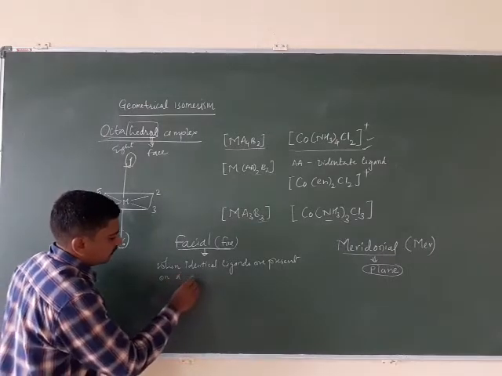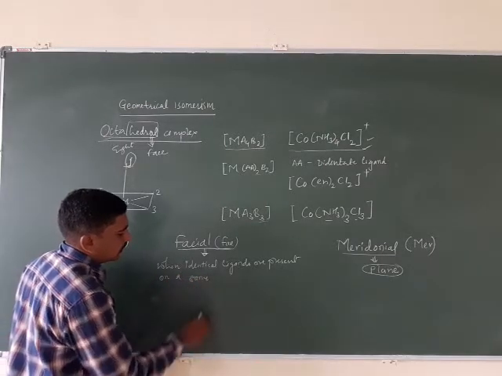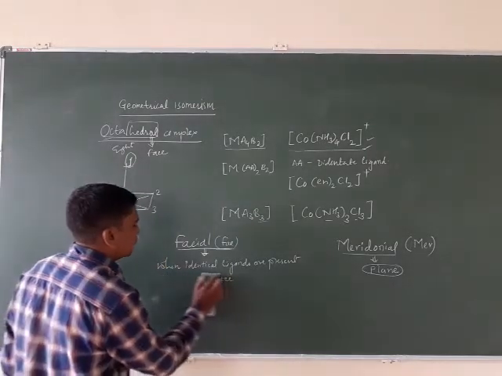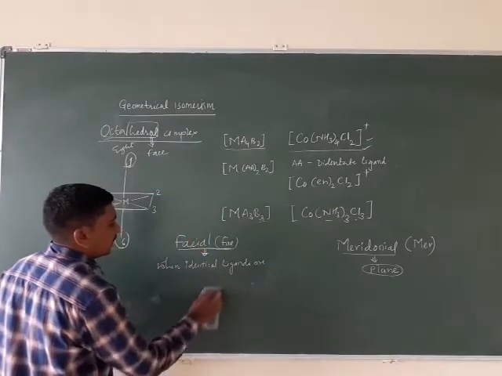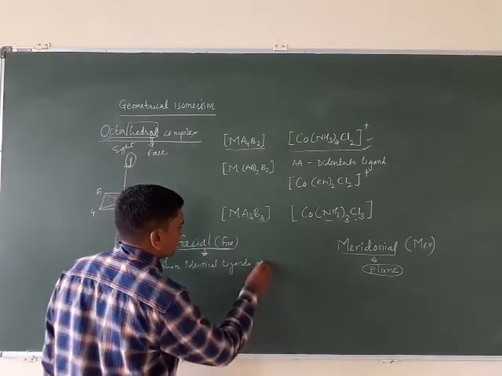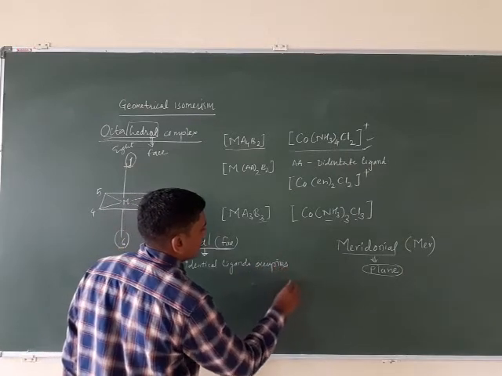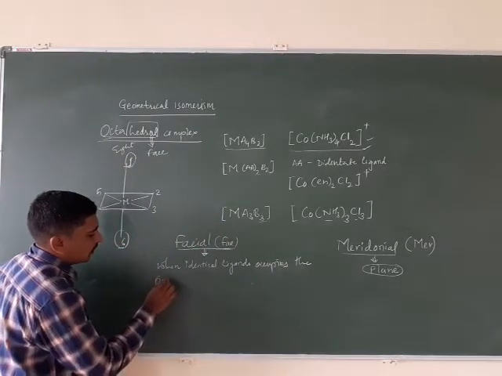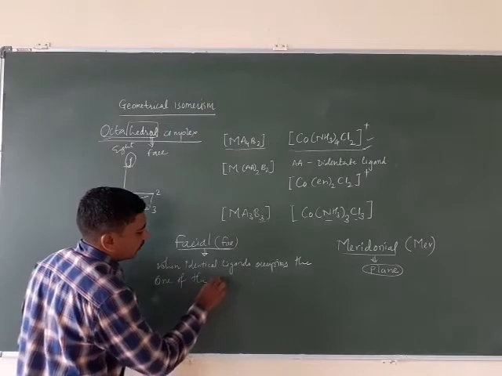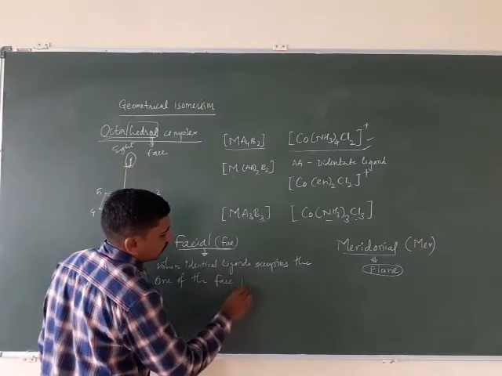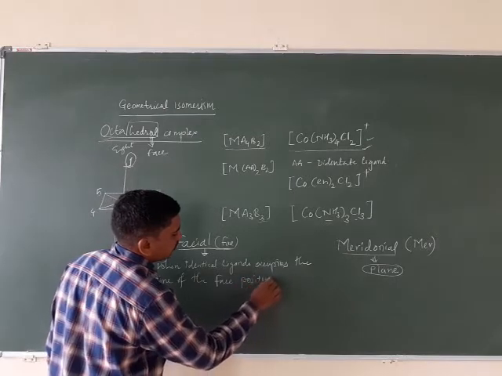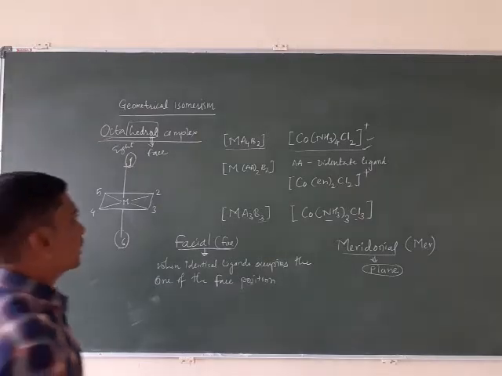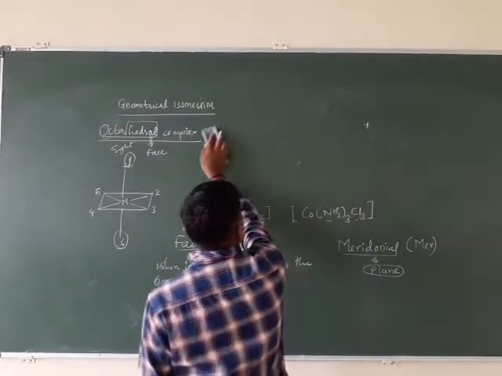Instead we can write that all identical ligands occupy one of the face positions in the octahedral geometry. So I will try to draw over here the facial isomer.